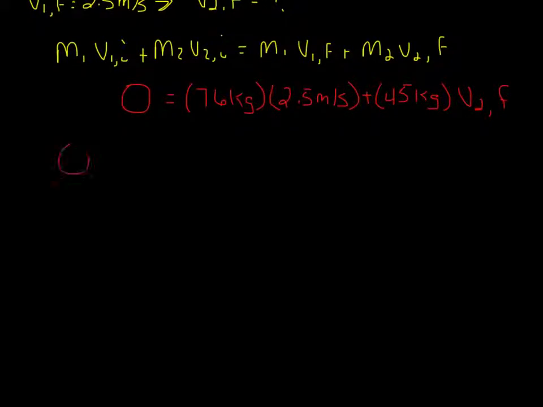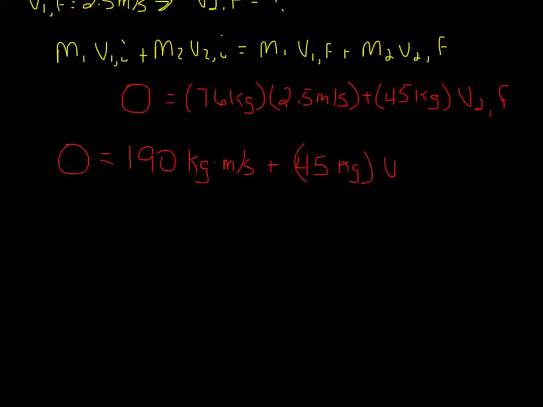So I now have 0 equals, this is 190 kilogram meters per second. That's our momentum. Plus 45 kilograms velocity 2 final. All right, so now we need to just solve for this variable, this velocity of the boat.